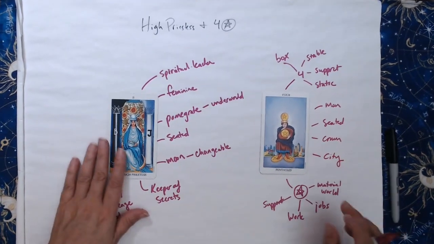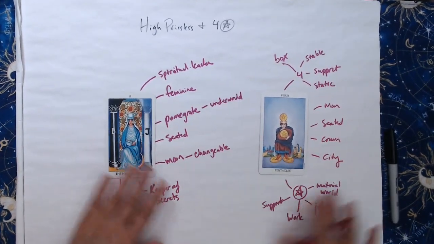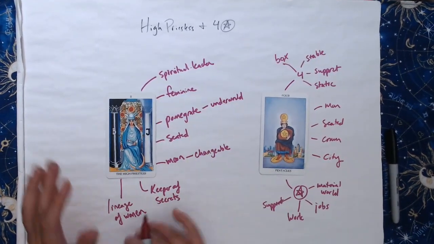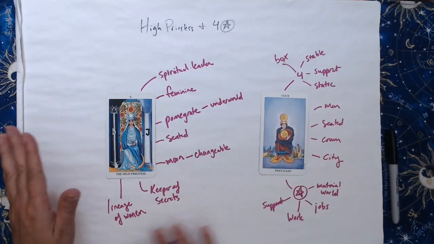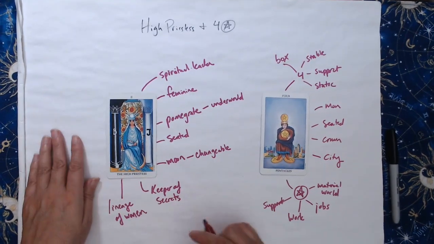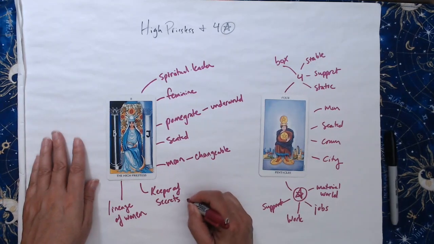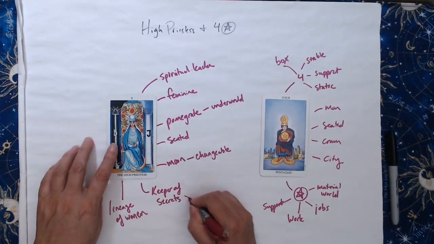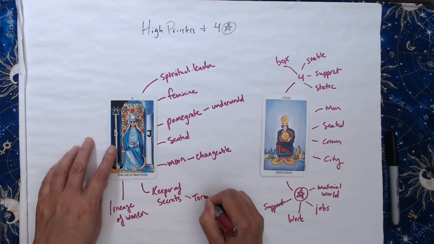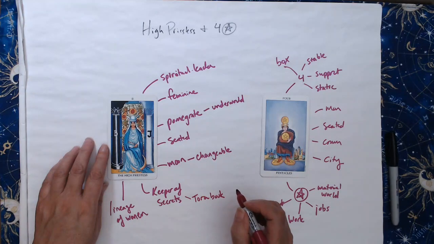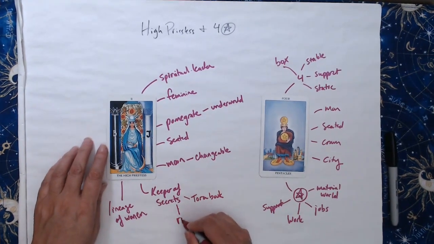So then you start looking at this list of things, and you can go back and add more details about anything you want. Like you could really go off on this keeper of secrets thing, and it's like, okay, well, she's got the book of Torah, and her robes hide things.